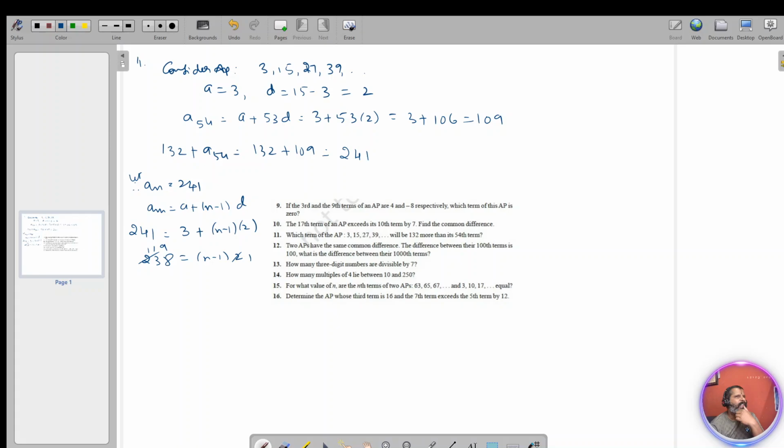A54 how much did it come? d is what, how much? 2 it is, right?